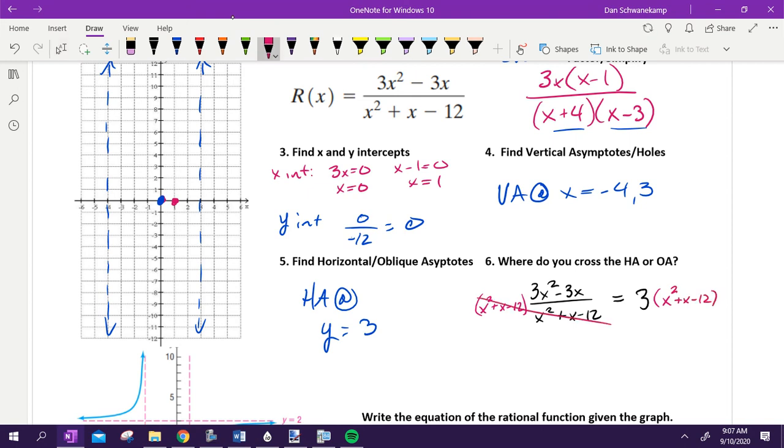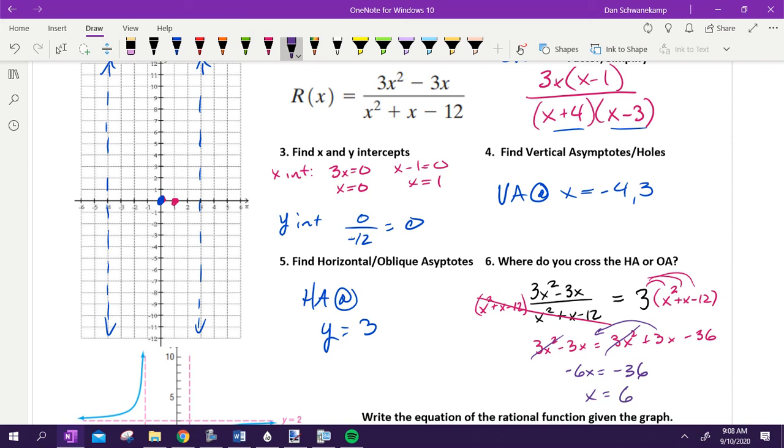So I do that. That's going to cancel. I get 3x squared minus 3x equals 3x squared plus 3x minus 36. I'm going to move the 3x squareds over, so they're going to cancel. I'm going to move this 3x over, so I'm going to get negative 6x, because I'm subtracting it over, equals negative 36.